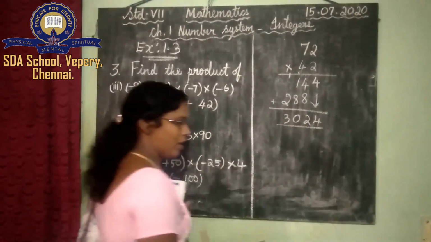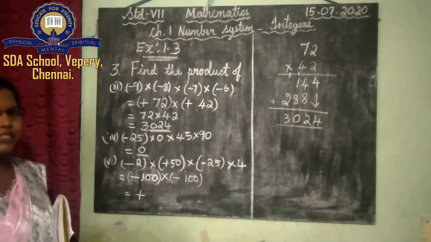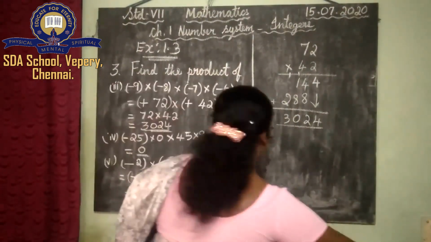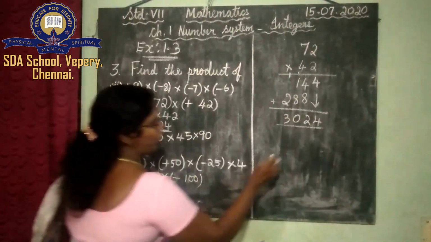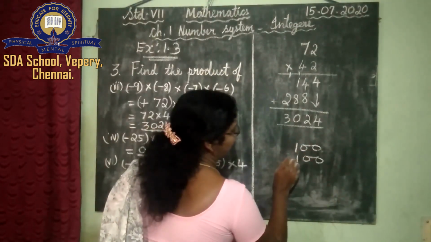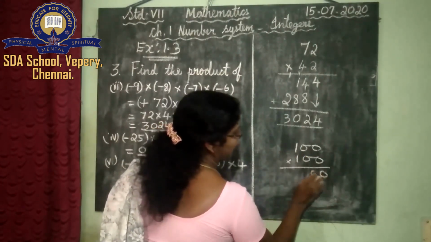Okay. Now minus into minus, plus 100 into 100. 100 into 100 is what? Can anybody say? I'll multiply and show. When we multiply by 0, everything we get as 0.